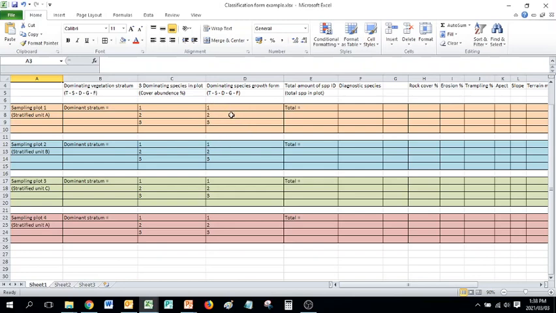If all of the growth forms for the 3 dominant species are exactly the same, then we can most probably say that, listen, these 2 are going to be exactly the same vegetation community. Let's include them as one when we classify them. So yes, they've been stratified as unit A and B, but they're classified as, say, vegetation community A. Okay.